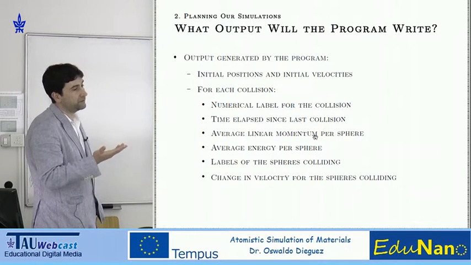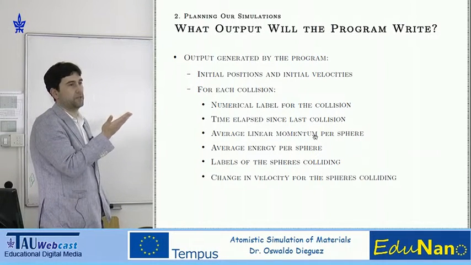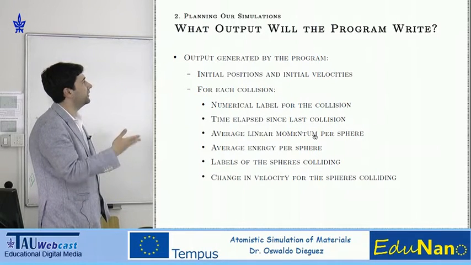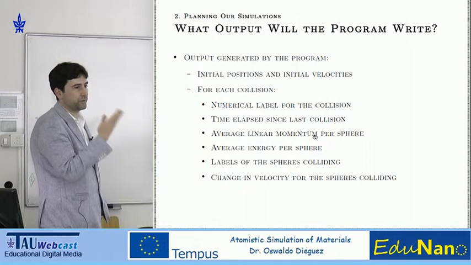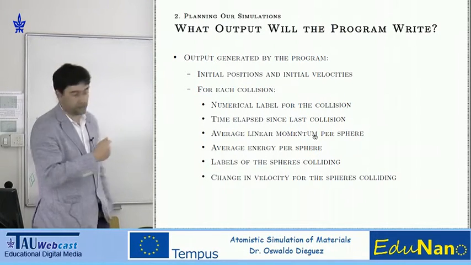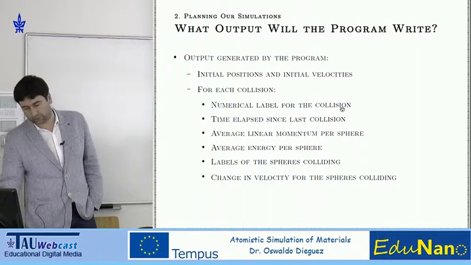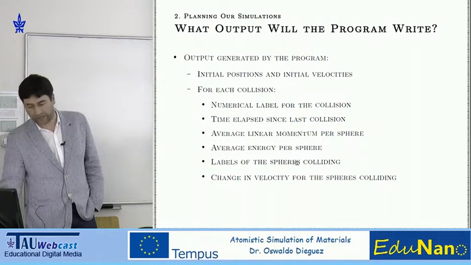So we'll write the initial velocities, and we always write the input, and then we'll give information for every collision that will contain: if it is the first collision, the second, the third, whatever, how much time has passed, what is the average linear momentum per sphere and the average energy per sphere, who collided, and how the velocity changed.